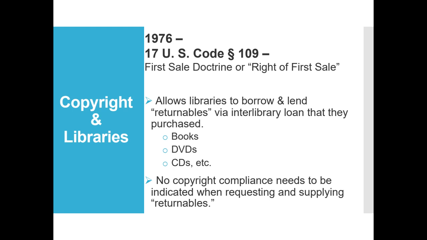So any books, DVDs, CD audiobooks, things of that nature that you've purchased for your library are covered under right of first sale. And you don't have to indicate any kind of copyright compliance when requesting and supplying returnables through interlibrary loan.